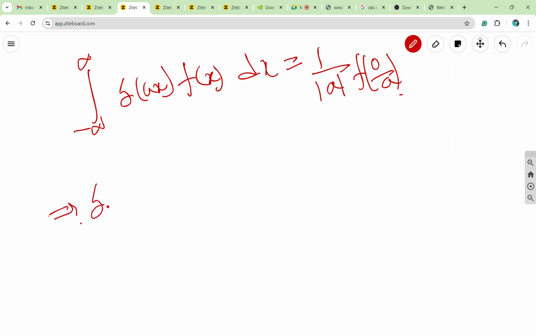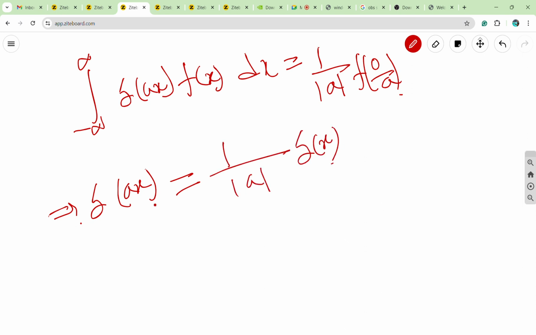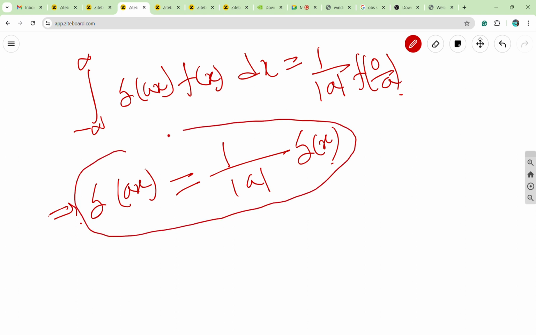The simple version of this is delta of ax is equal to 1 by mod of a delta x. So this is the mathematical formula. It is the scaling property of the delta function.